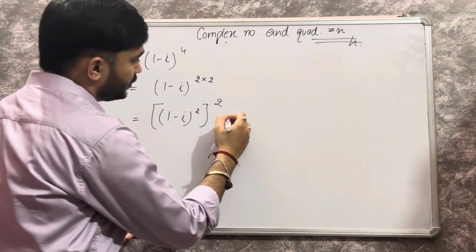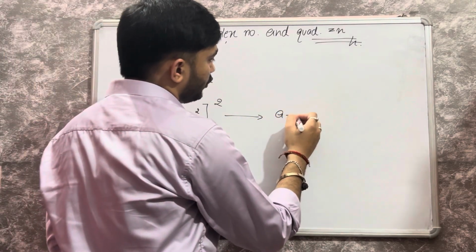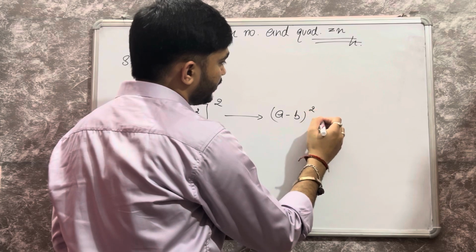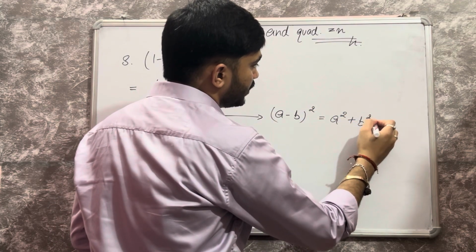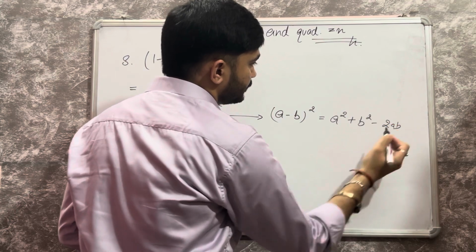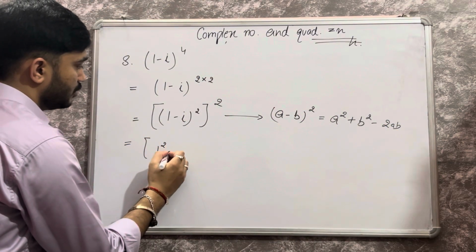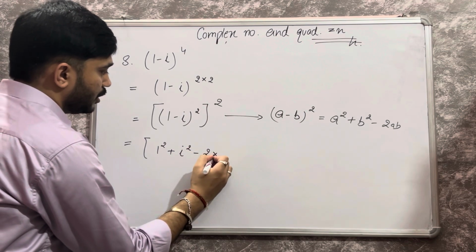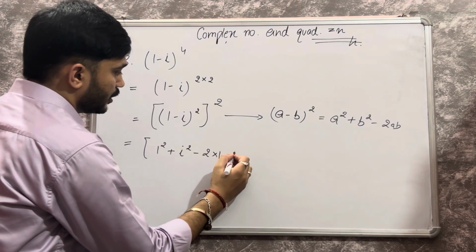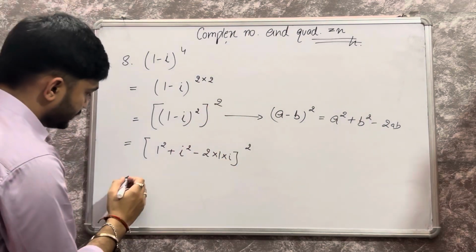Now here we see (a − b) whole square, so we apply the formula (a − b)² = a² + b² − 2ab. This becomes (1² + i² − 2·1·i) whole squared. The outer square remains as it is.